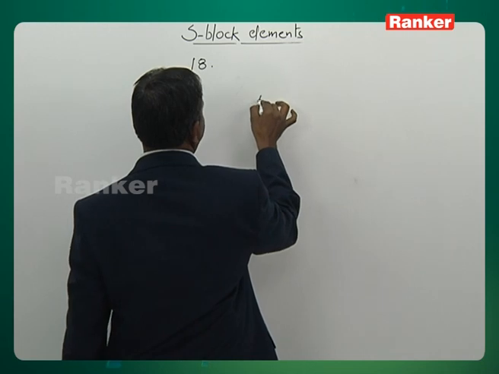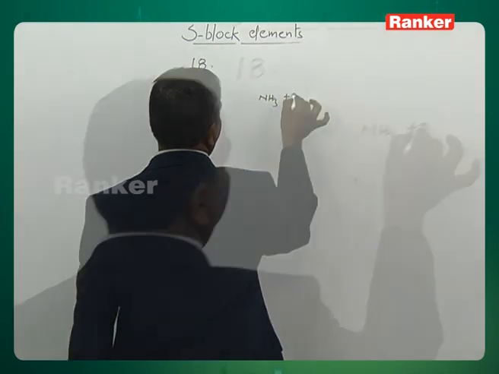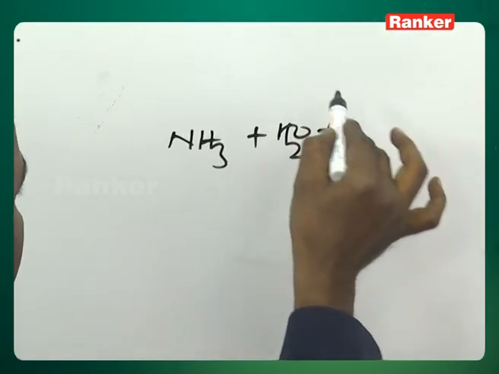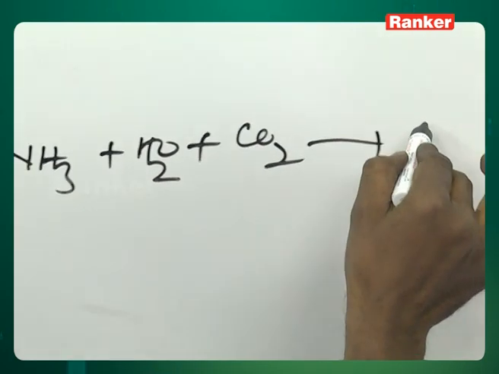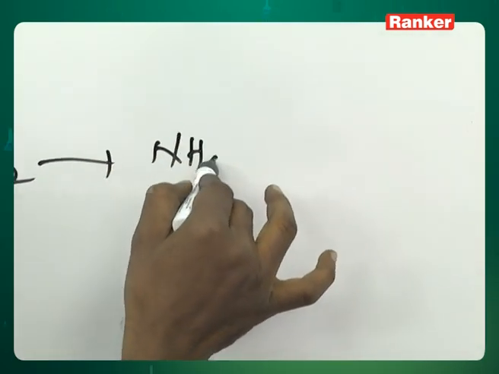What are the steps involved in this? First, we are taking ammonia gas, water plus CO2. By this, you are getting ammonium bicarbonate.